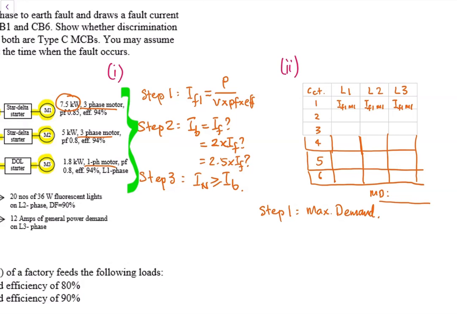Same thing for circuit number 2, because it is 3 phase, so I full load motor number 2 in each phase. But for circuit number 3, it's single phase, so I only need to put it in one phase. In this case, I will choose L1, since they are all balanced.